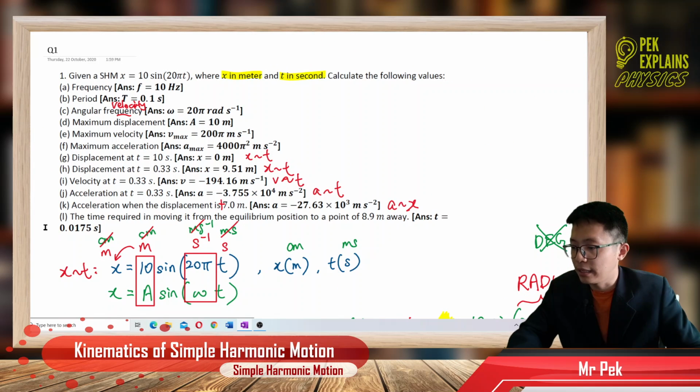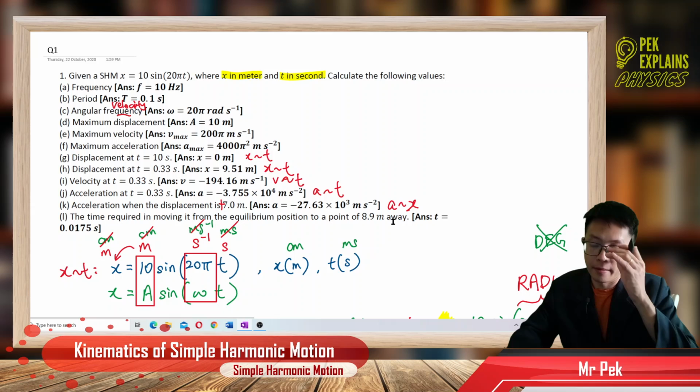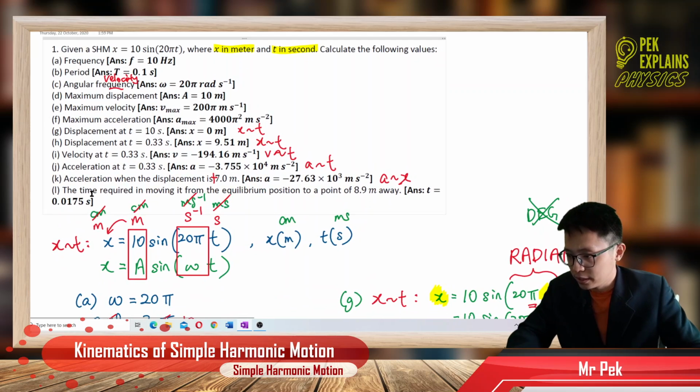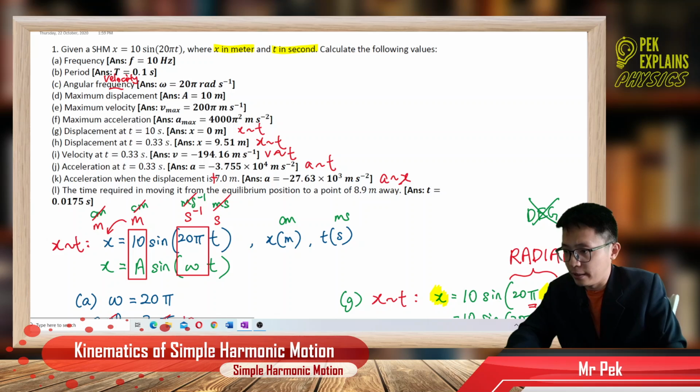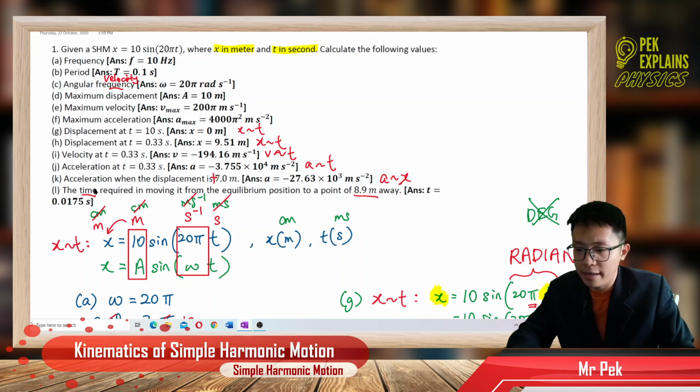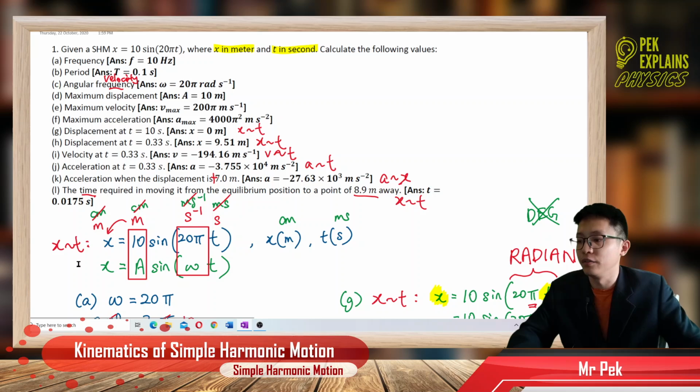Okay, settled. Now the last question. What is the time required for moving from the equilibrium position to a point 8.9 meter away? So this one asks about the time and the distance, so this is again the xt formula. Question L is still about time and displacement.